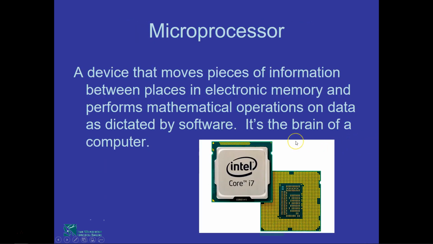Okay, so a microprocessor is a device that moves pieces of information between places in electronic memory and performs mathematical operations on data as dictated by software. It's the brain of a computer. So you see, the microprocessor is the key component in a computer.